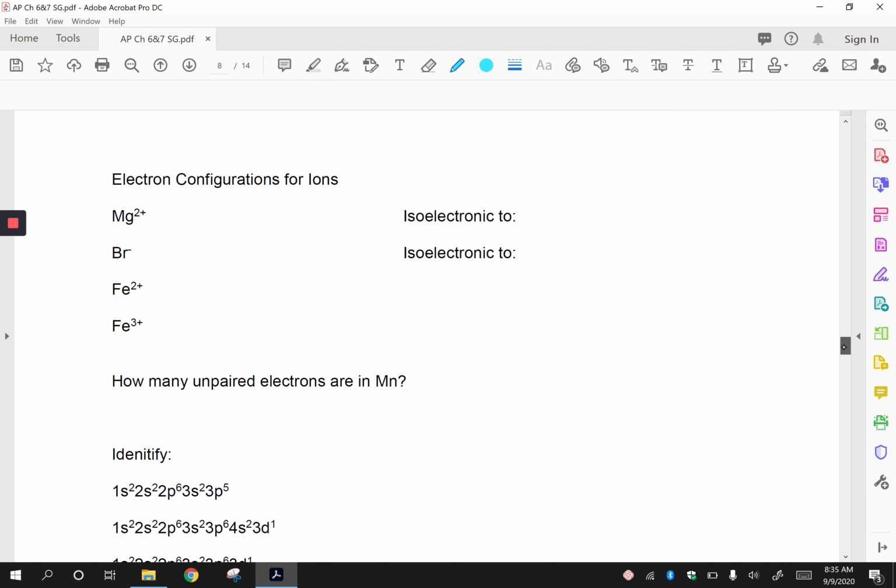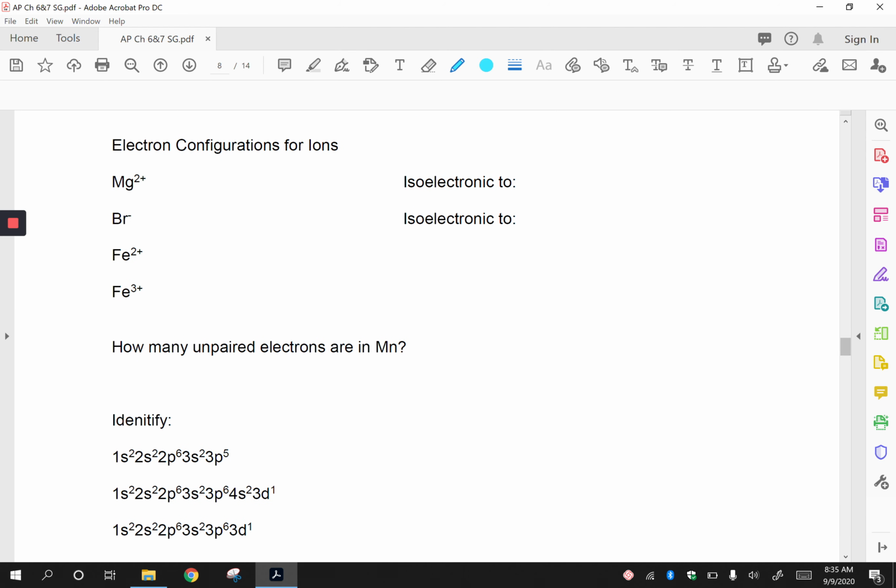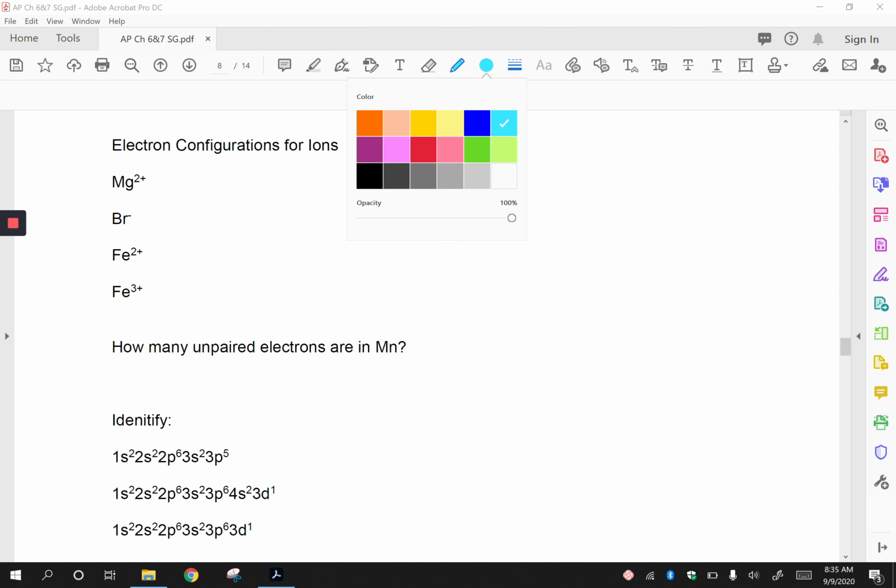Okay, now let's look at ions. If I have an ion, how can I come up with the electron configuration for it? So for me, I always look at the electron configuration for the neutral element, and then from there I come up with my electron configuration for my ion.